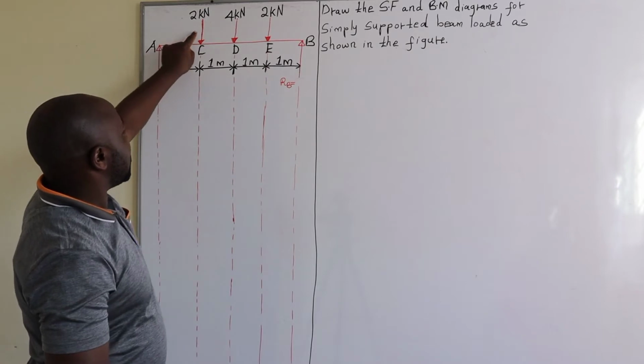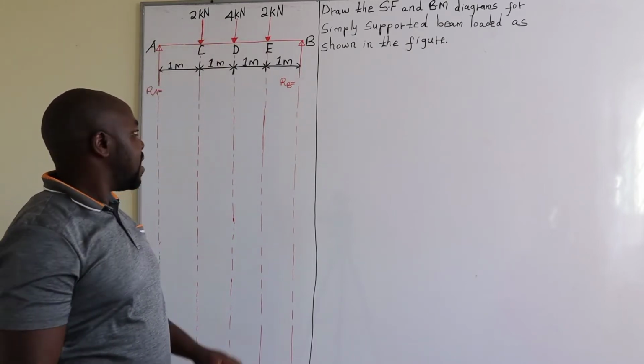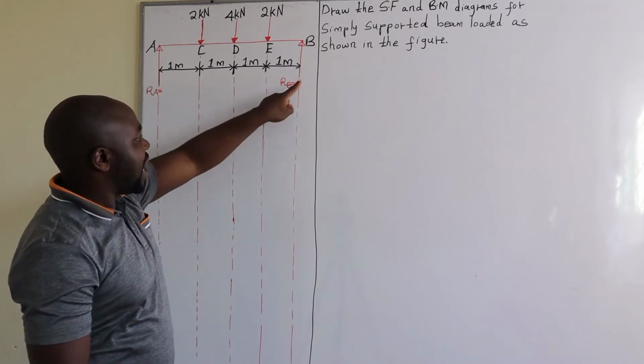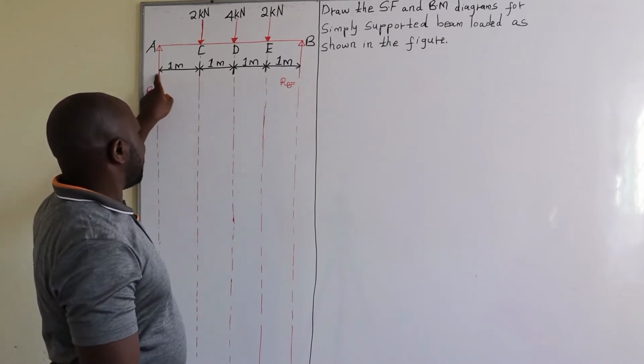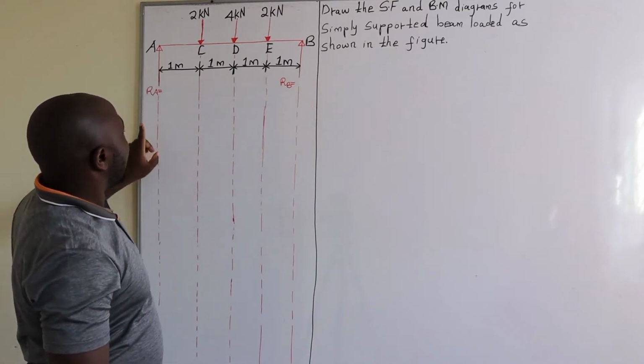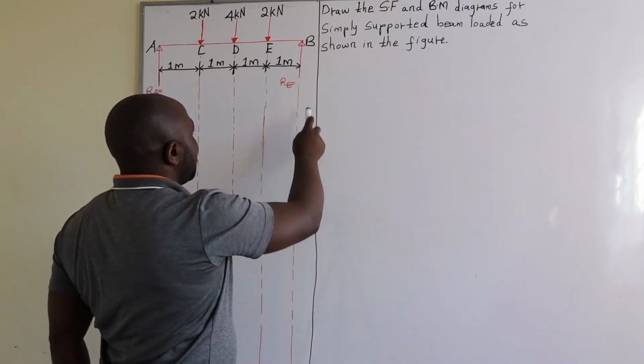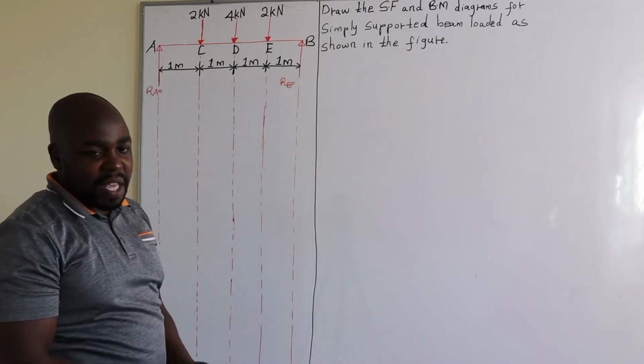So these 3 point loads are action forces, and these 2 supports are reaction forces. So we are going to determine the loads acting upwards, beginning with the reaction at B.